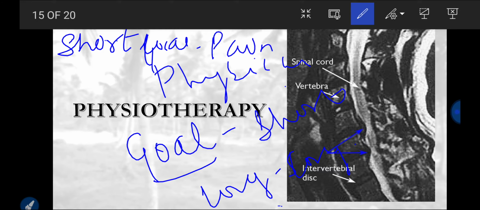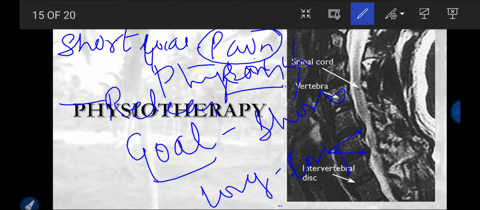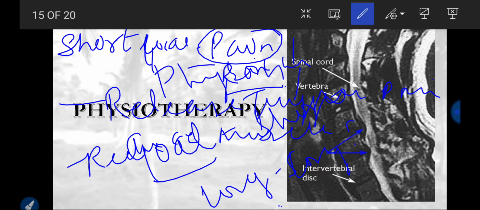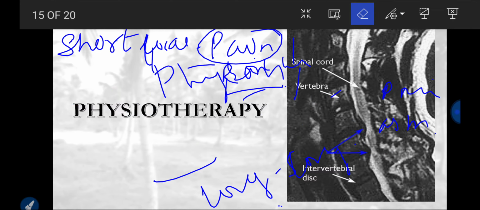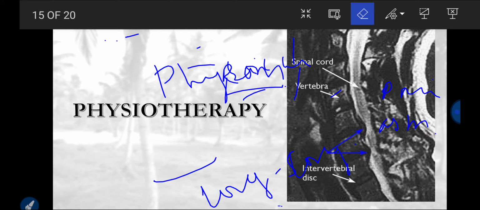In short term goals: pain, range of motion at a slight level, release trigger points, and reduce muscle spasm.